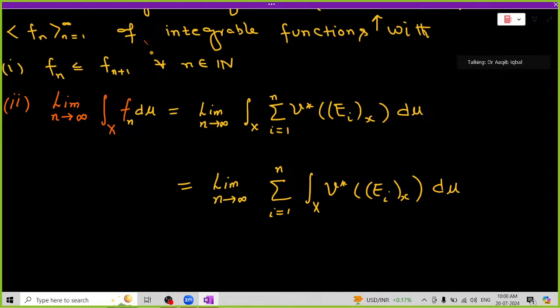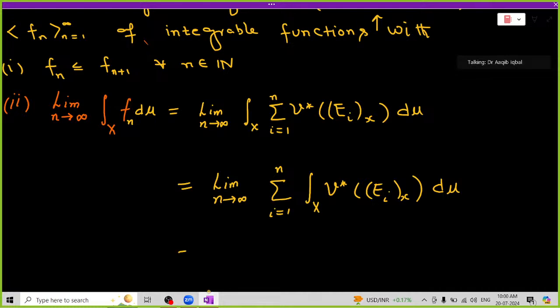Now what is nu star of the x section of e sub I when integrated over x? Well, by case 1 we know that, because again e sub I is a semi-ring member and for semi-ring members the result has been established, this integral will be actually the outer measure of e sub I.